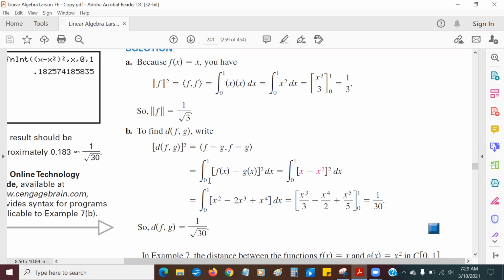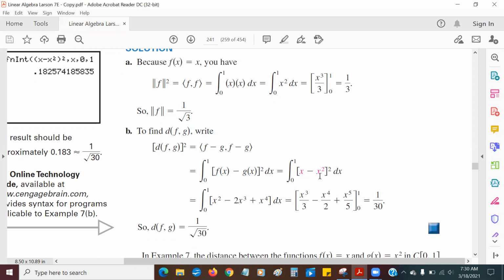That's equal to the integral from 0 to 1 of f minus g times f minus g. When I say f and g, I mean f of x and g of x. But f of x is x, g of x is x squared, and we're squaring the difference.